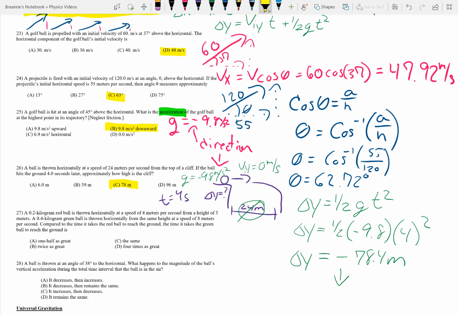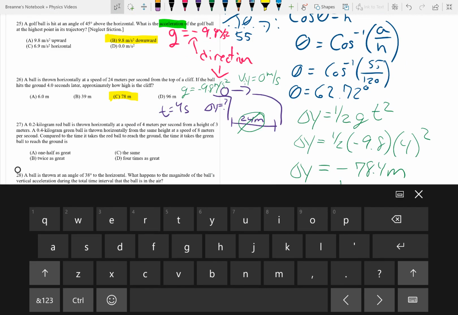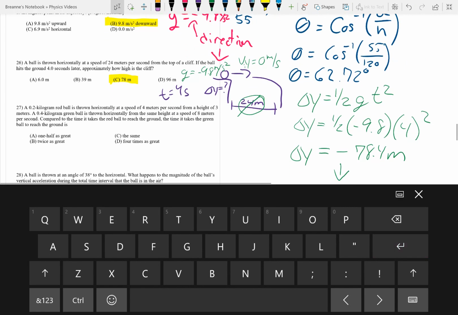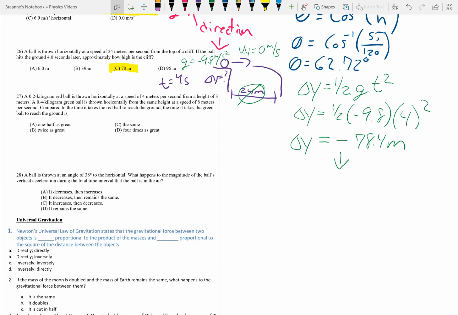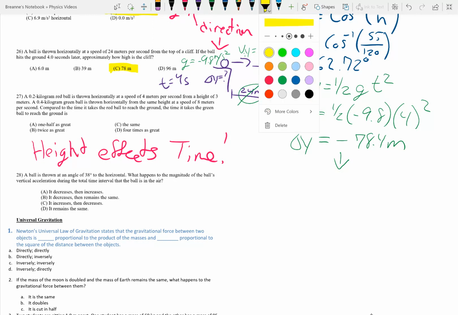So remember, what is the biggest thing that affects time? Height affects time. So what about the height? What's so special about the height?